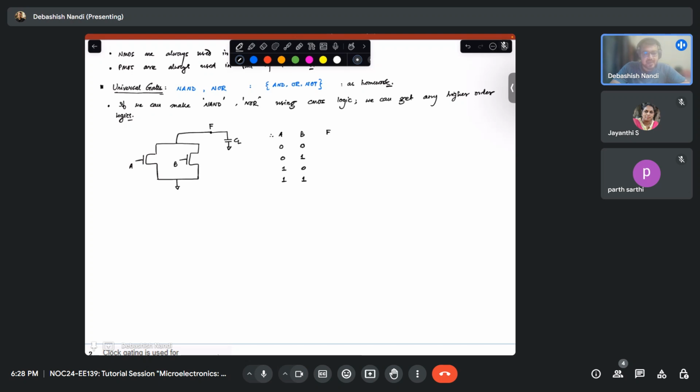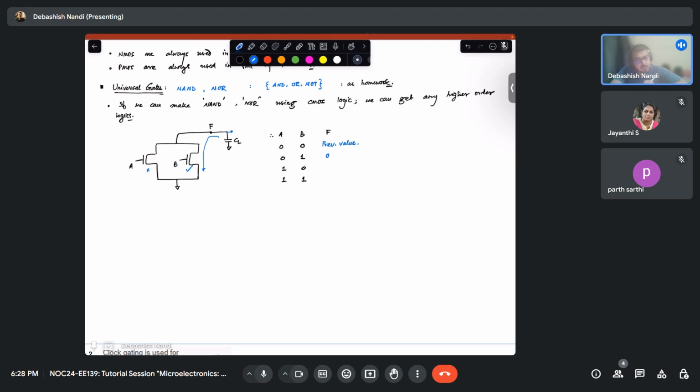Take case by case. In case of 0 0, this will be off. This will be off. So it will retain its previous value. Fine. And what about 0 1? This is off. This is on. That means it gets a path to discharge.